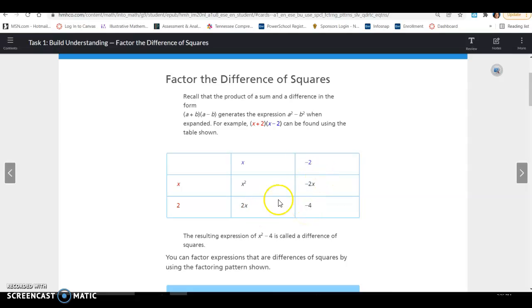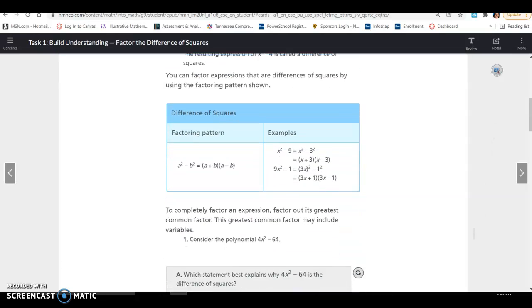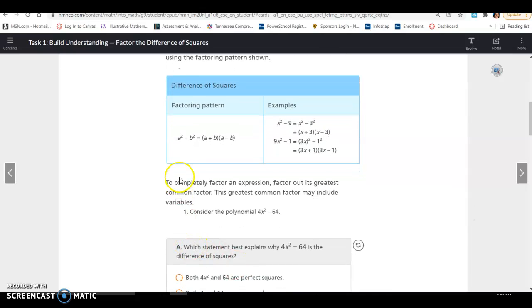So you can see that these two terms will cancel, and that comes because of the same binomial, different signs in the middle. So what is left is x squared minus 4. You can factor expressions that are difference of squares by using the factoring pattern shown. All right, so this should be in your notes.